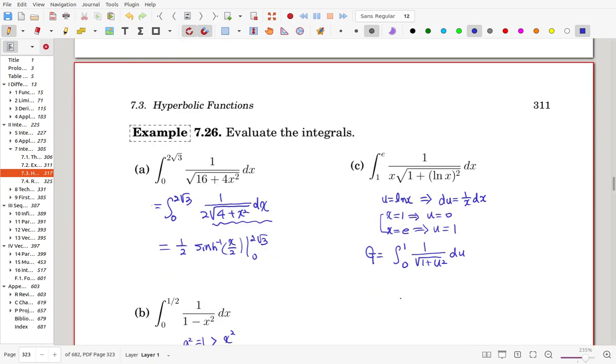So there must be here inverse sine hyperbolic of u, and u is from 0 to 1, so that is inverse sine hyperbolic of 1, right? And once it is 0, then the value must be 0. Okay, so that's the final answer.